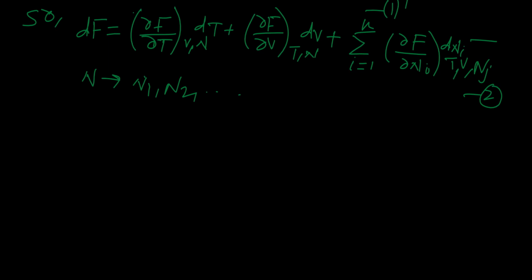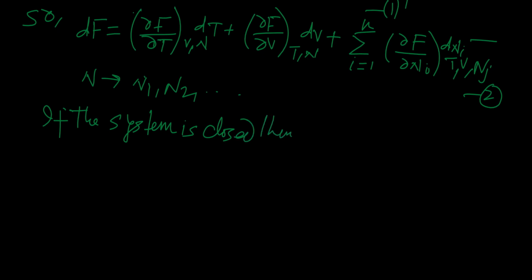So if the system is closed, then each of the N, that is Ni, will be constant.